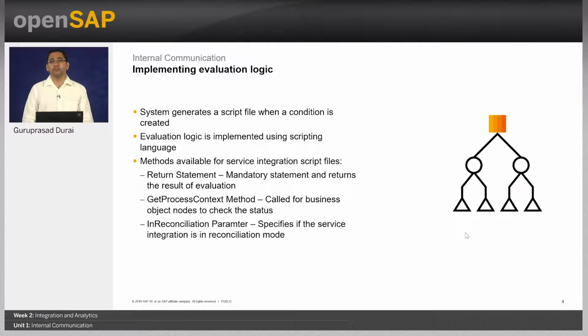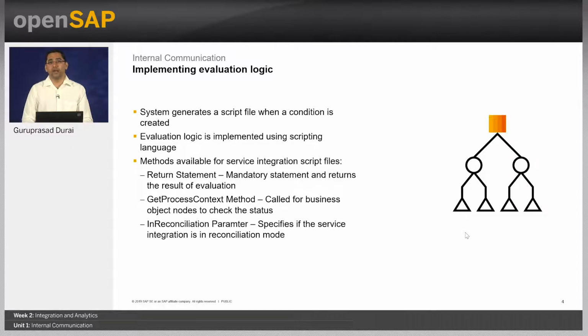This slide explains how to implement the evaluation logic. When a condition is created, the framework generates a script file and the implementation of the evaluation logic can be done in the script file using the scripting language. Below are the methods available for the service integration script files. Return statement.